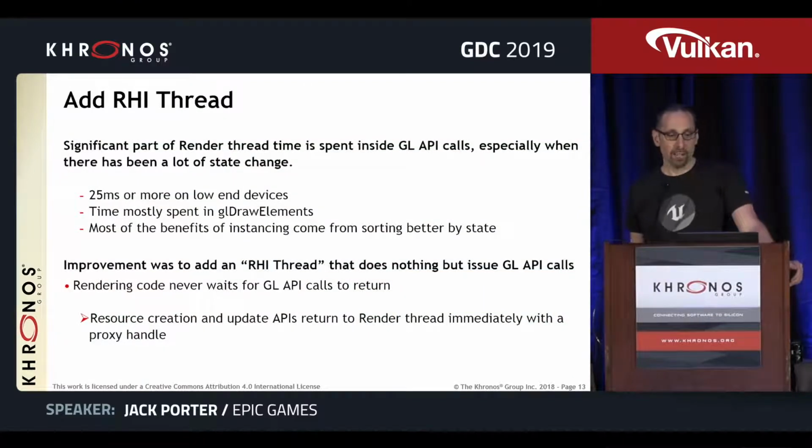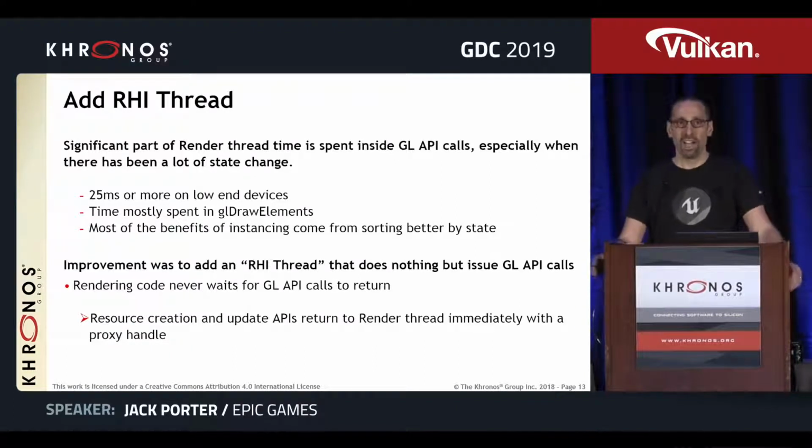So we found a very significant part of the render thread time is spent inside GL and somewhat inside Vulkan, especially when there's a lot of state change. So we find draw calls themselves are not a great measure of what the cost is going to be. You can have a bunch of draw calls all in a row with no state change, and it's almost the same as if they're instanced in terms of performance.